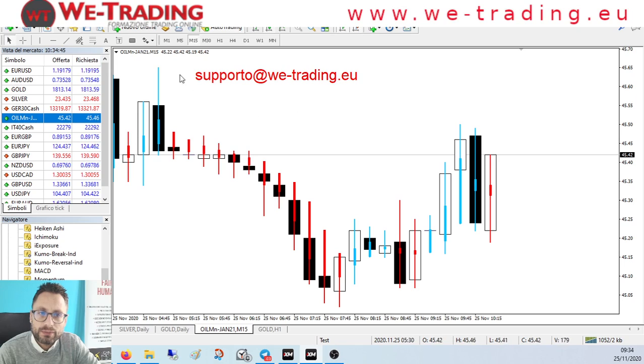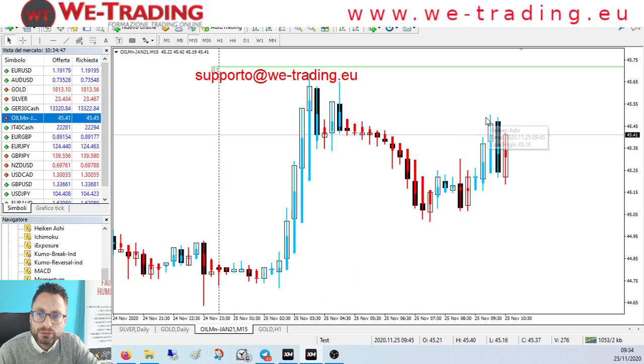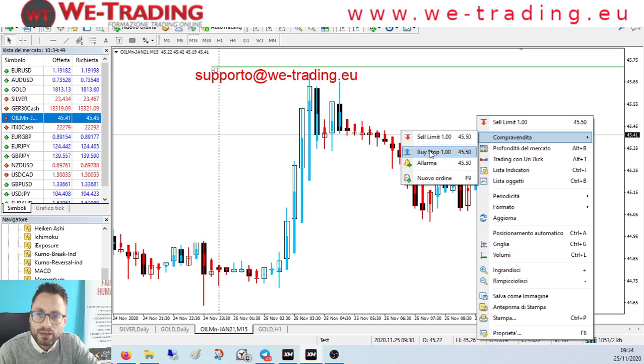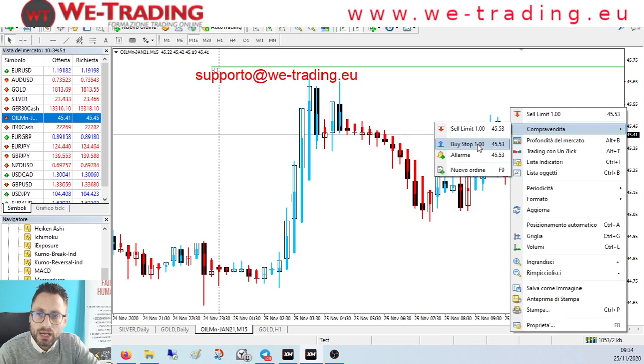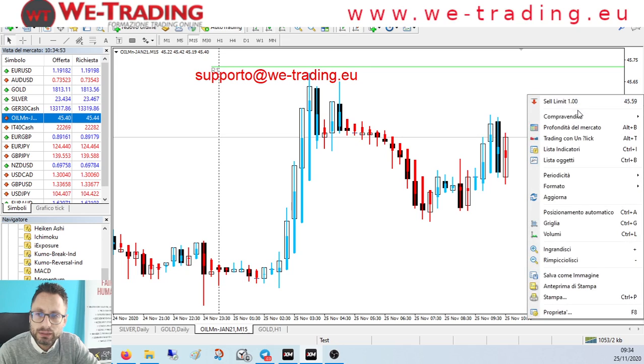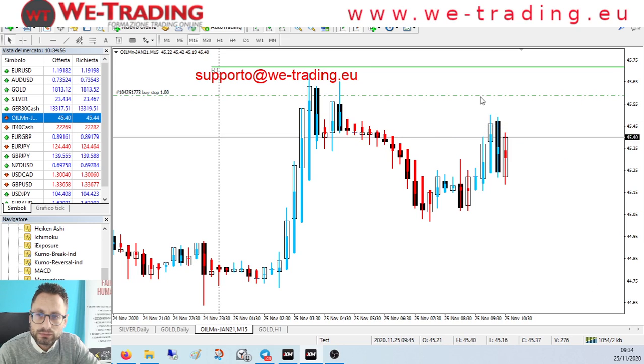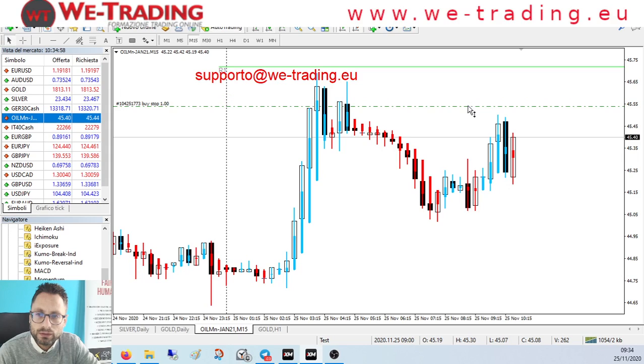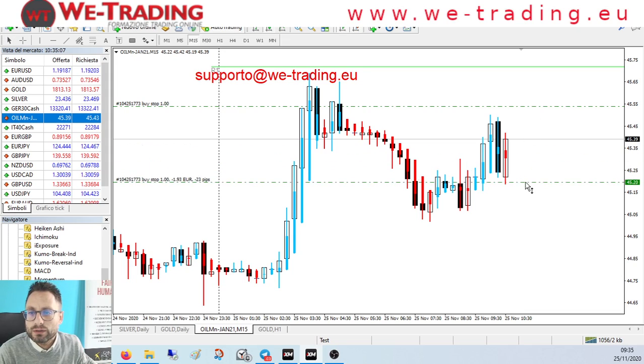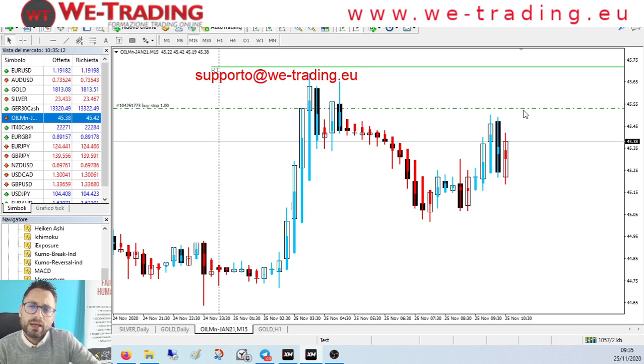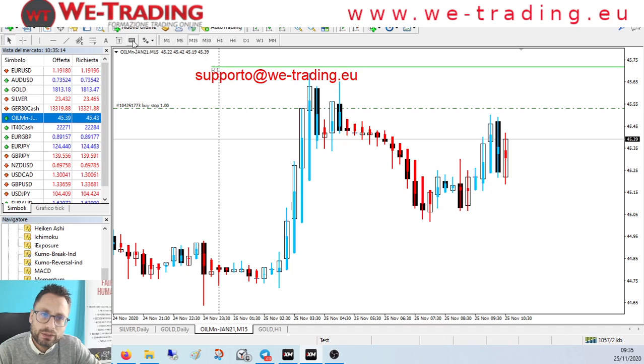For example, on oil we need to set a long here on this type of price. We are far below, but this is a long. The stop is here on the opposite side of the bar, and also here we need to risk two times.